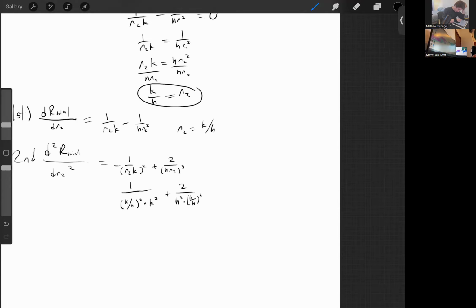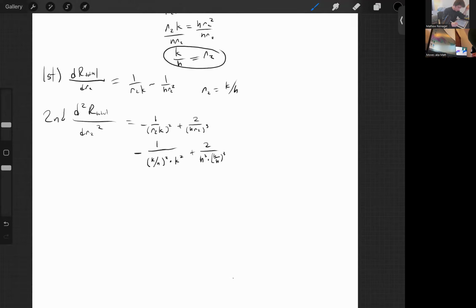Now, when I simplify this, we'll get something that looks like K squared over H squared multiplied by K squared, plus 2 H cubed multiplied by K cubed multiplied by H cubed.